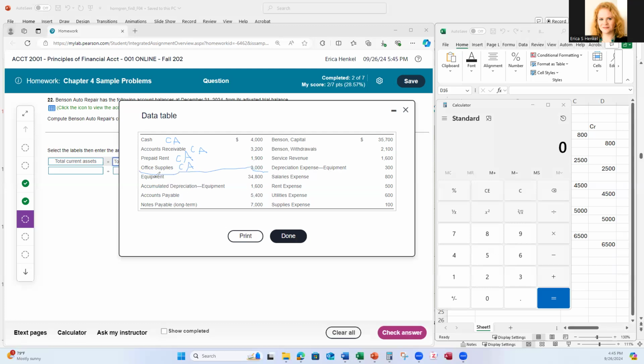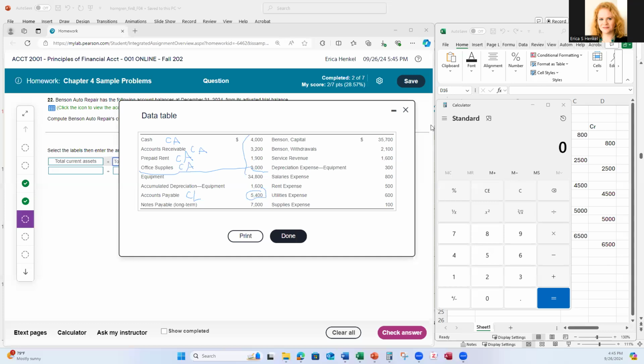All right, so long-term. Okay, this is a current liability here. Accounts payable, we typically pay those off about every month. And then this is long-term. All right, so capital withdrawals, revenue, depreciation, expense. Okay, so looks like this is it for current liabilities, and these are our current assets here.